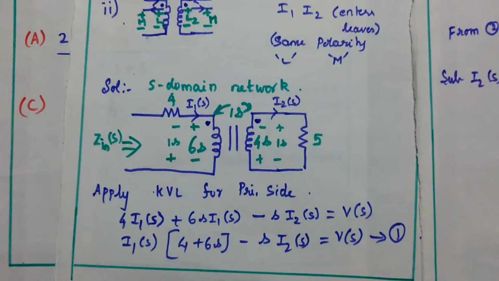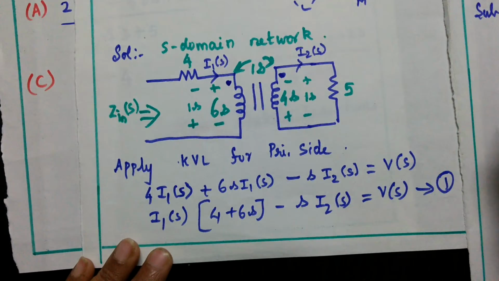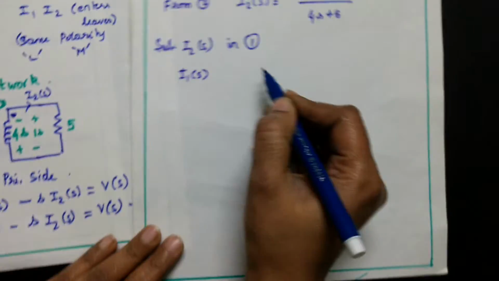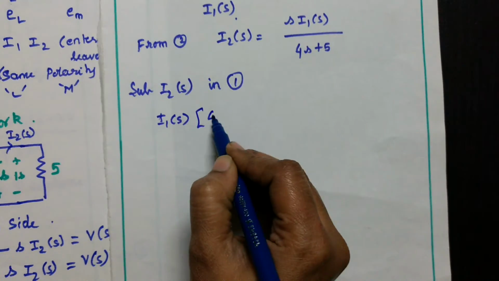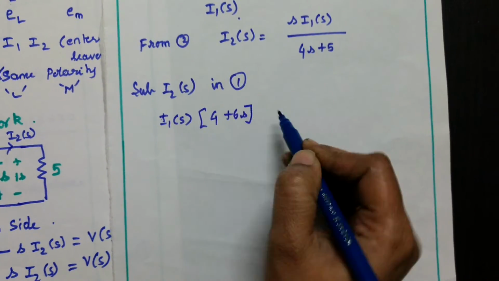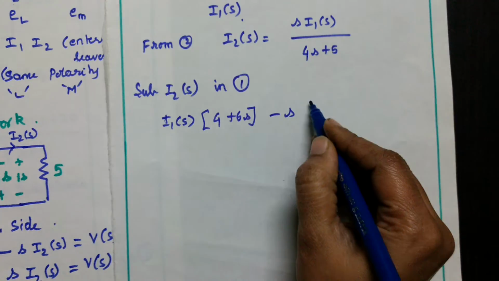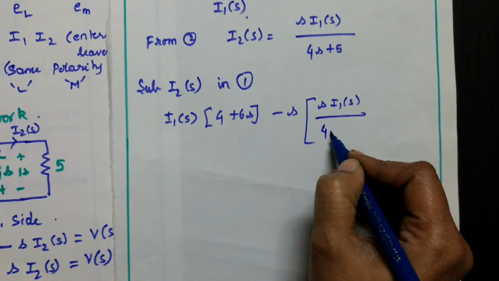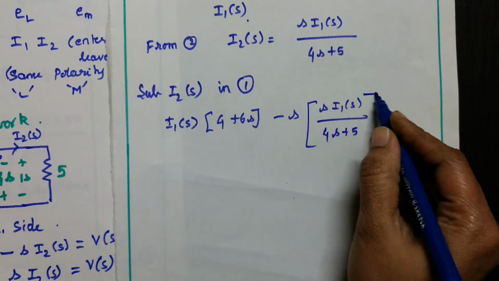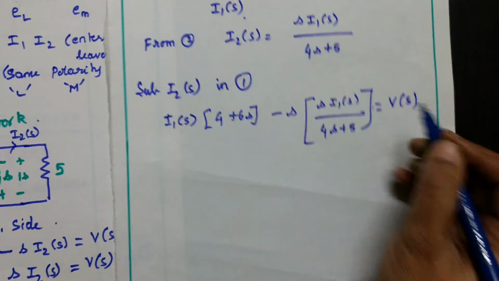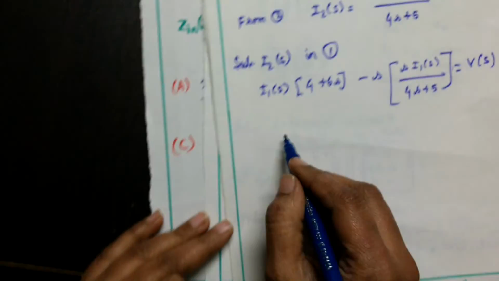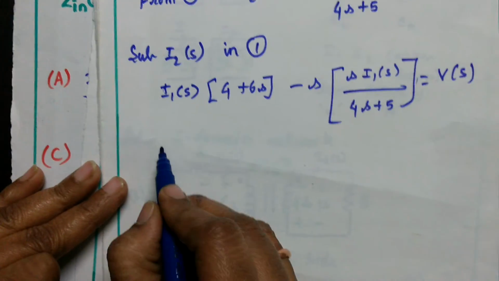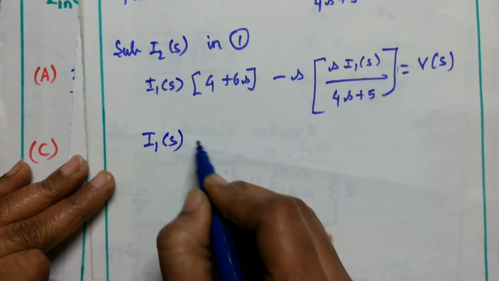So first equation is I1 of S into 4 plus 6s minus S into I2 of S, which is S into I1 of S by 4S plus 5, equal to V of S. So let me simplify this one. So here I1 of S can be taken as common.